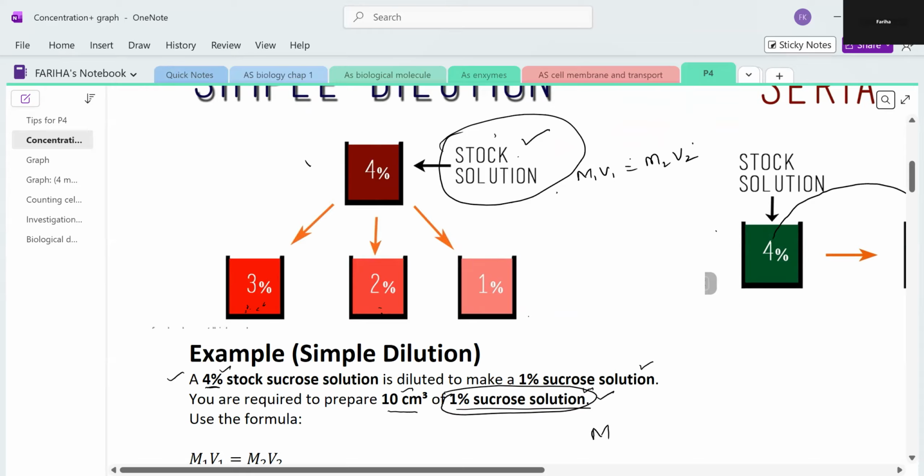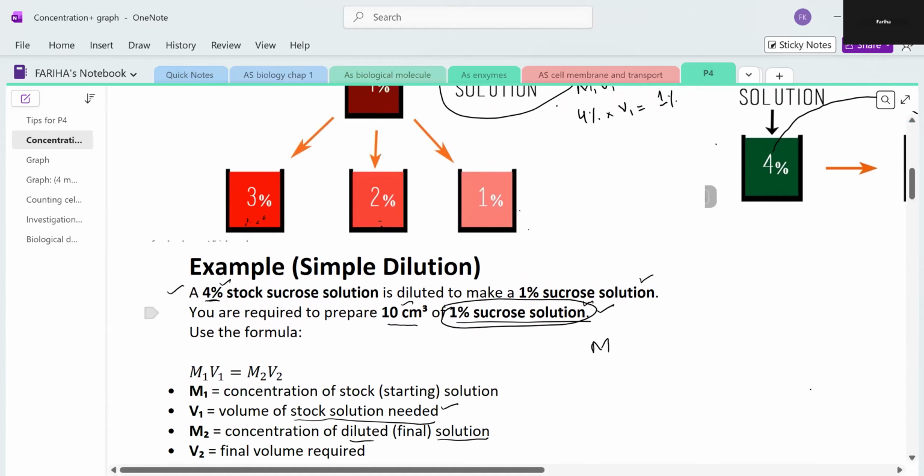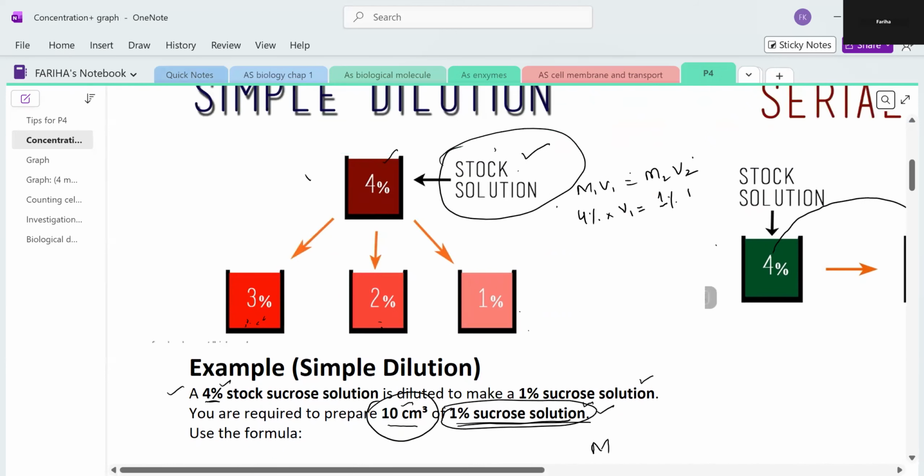Let's suppose we want to make 1% sucrose solution out of this 4% stock solution. What is M1? M1 is 4%. V1 we don't know. M2 is 1%. V2 is, as we need to prepare 10 cubic centimeter of 1% sucrose solution, 10 cubic centimeter.